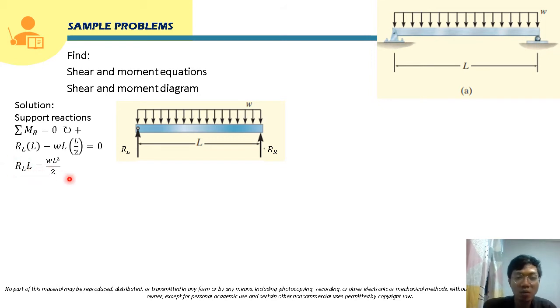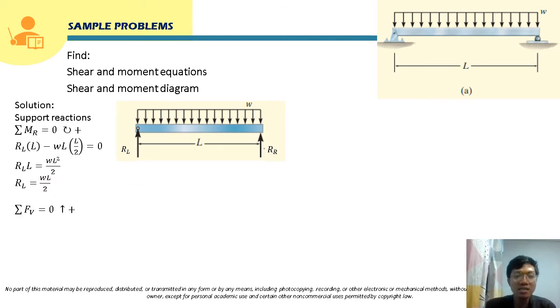So R sub L will now be equal to WL over 2. The L squared will become L, and the L in the denominator will be cancelled. So this will now be the reaction at this point, equal to WL over 2.